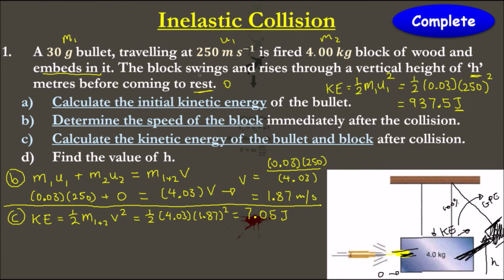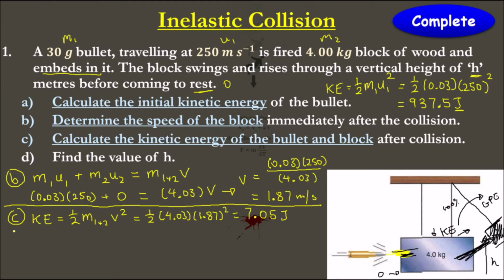Because in this question here, it says the object comes to rest. If it comes to rest, according to our kinetic energy formula, there is zero velocity, meaning there's zero kinetic energy, which should imply that it's reached its maximum potential energy. So when that happens, we can safely assume that it's been a 100% transformation there.